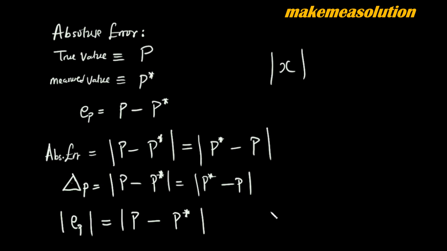You're just looking for the magnitude of the difference, because most of the times whenever we take measurements, we will not always get the exact or actual value of a particular quantity the way it is.